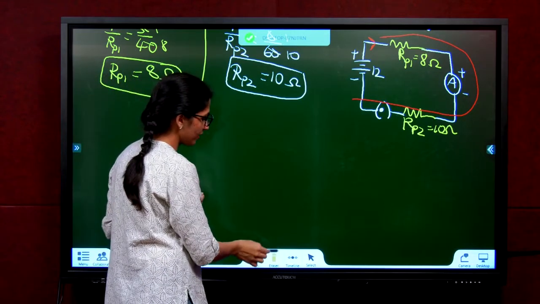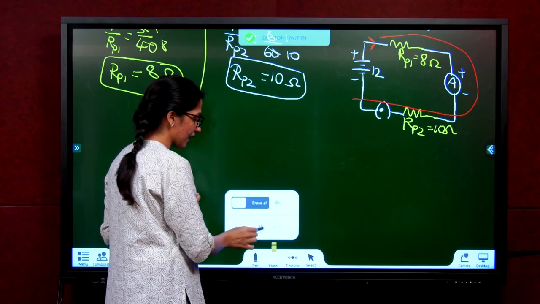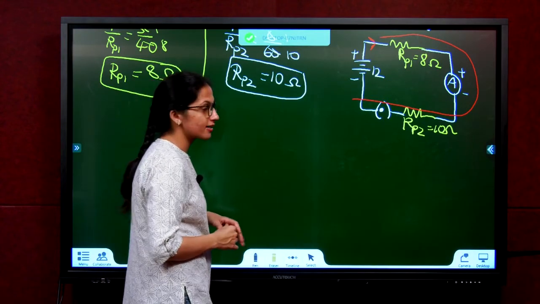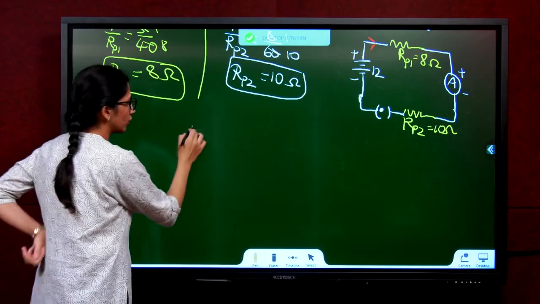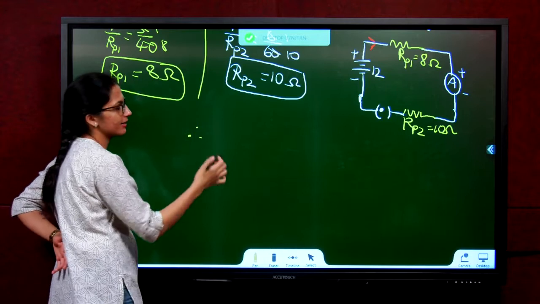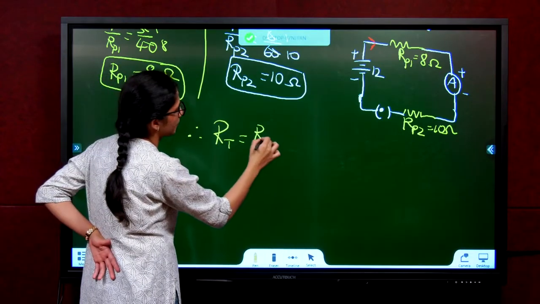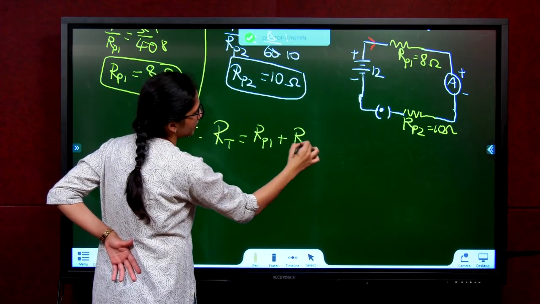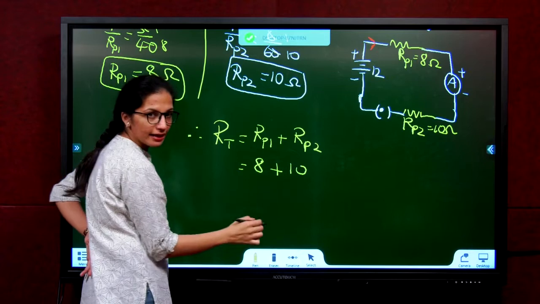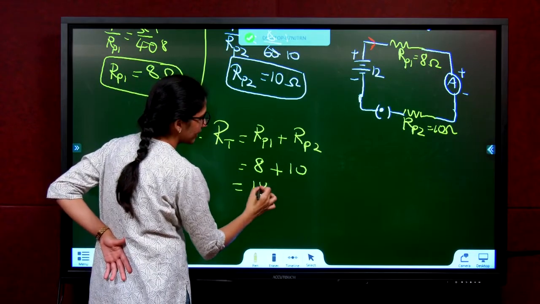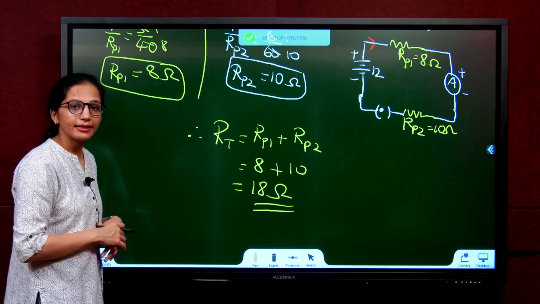Therefore, total resistance, I will call it RT, is RP1 plus RP2, 8 plus 10, 18 ohms. My total resistance in the circuit is 18 ohms.